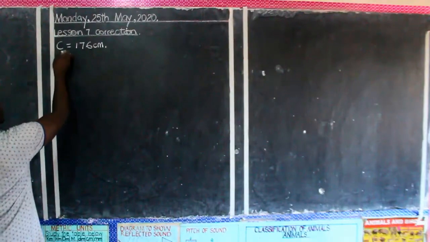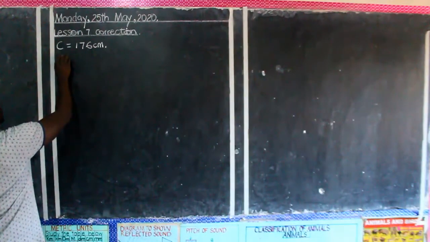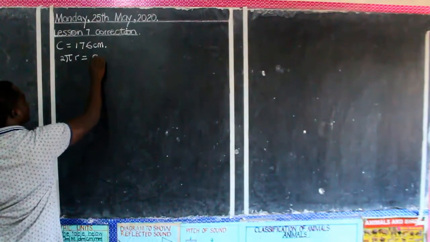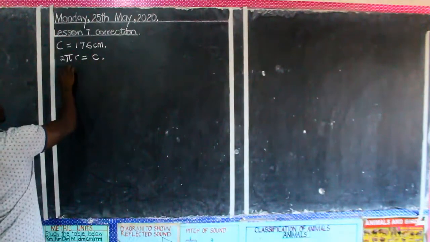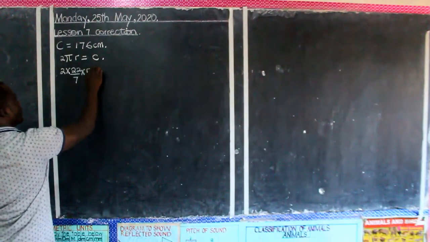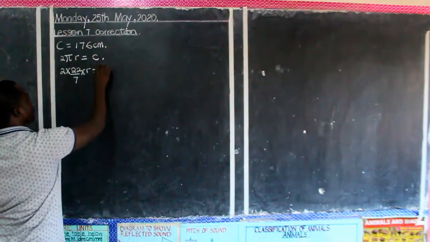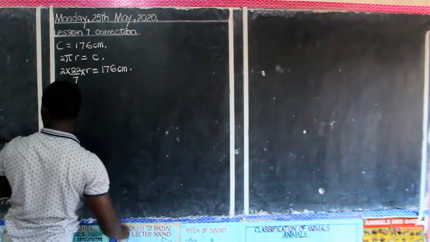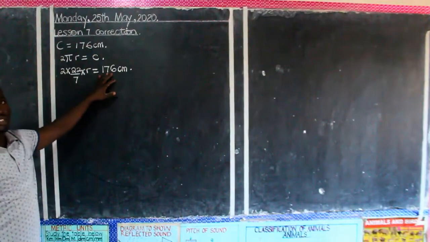So we shall get the radius from this circumference by saying 2 pi r equals circumference. 2 times 22 out of 7 times r equals the circumference of 176 centimeters. Okay? This is what was given.